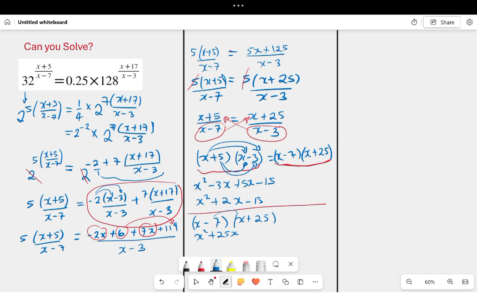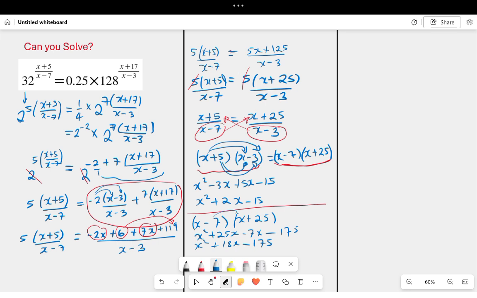Negative 7 multiplied by x, you're going to get minus 7x. Then negative 7 you multiply by 25, you will get negative 175. Simplifying this, we are going to get x squared plus 18x minus 175.